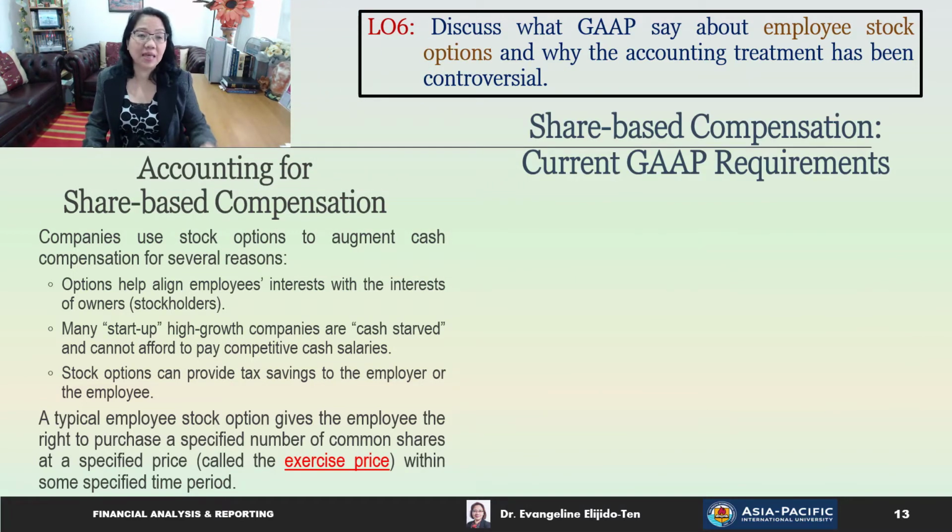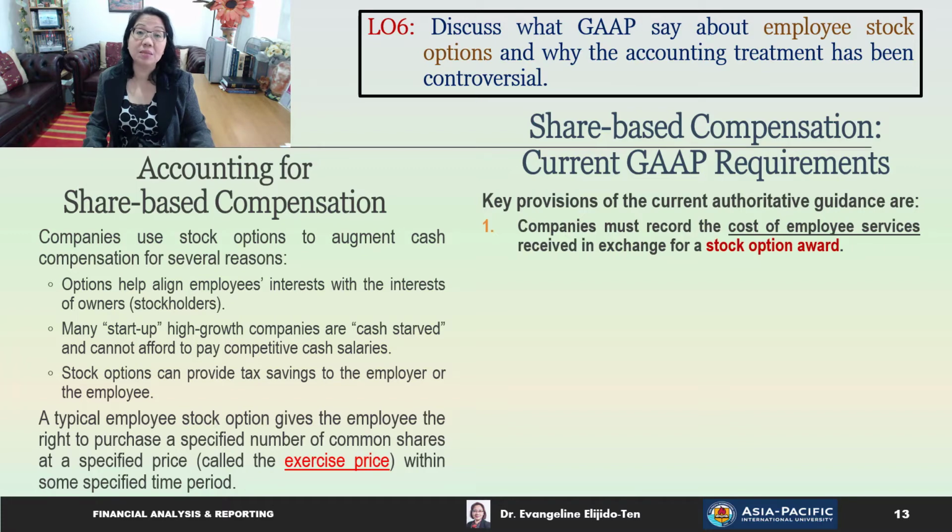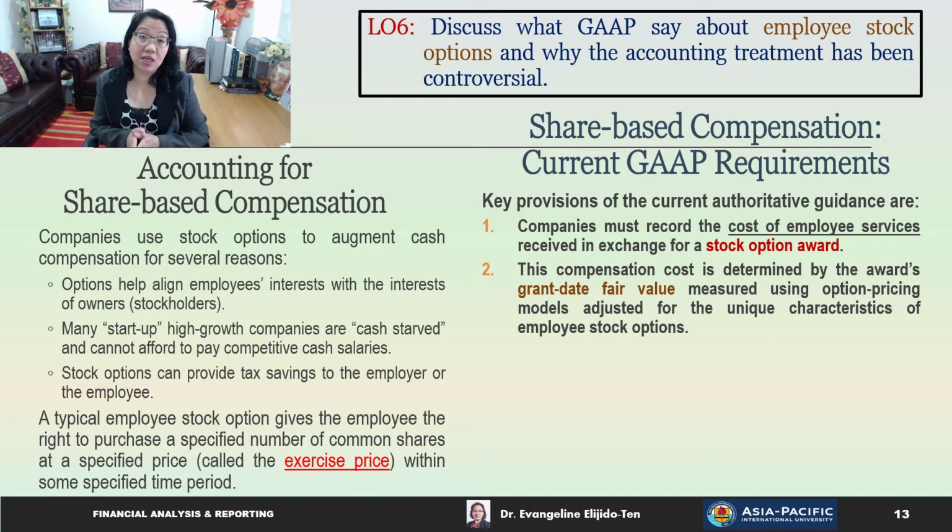The current GAAP requirements for share-based compensation include, firstly, that companies must record the cost of the employee services received in exchange for a stock option award. Second, this compensation cost must be determined by the award's grant date fair value. This is measured using option pricing models adjusted for the unique characteristics of the employee stock options.